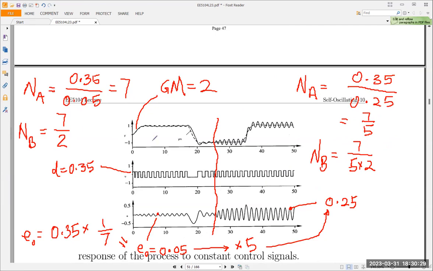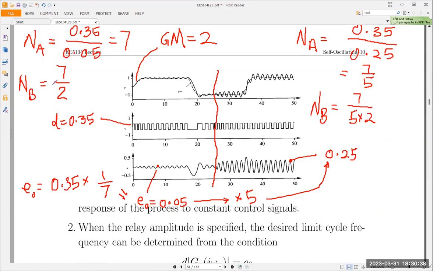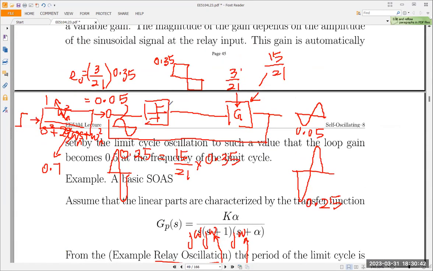So it means the low frequency gain of the relay is 5 times smaller than before. So if you look at the picture now, this increased by 5 times, this decreased by 5 times. Okay, so you will think that the crossover frequency and the gain margin will not change.